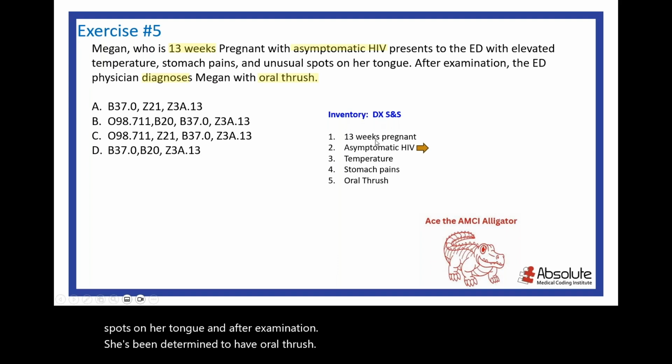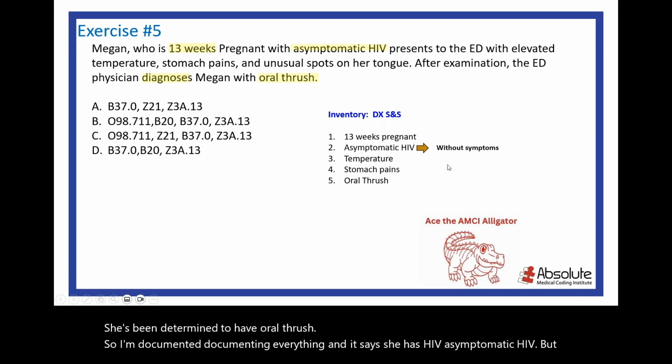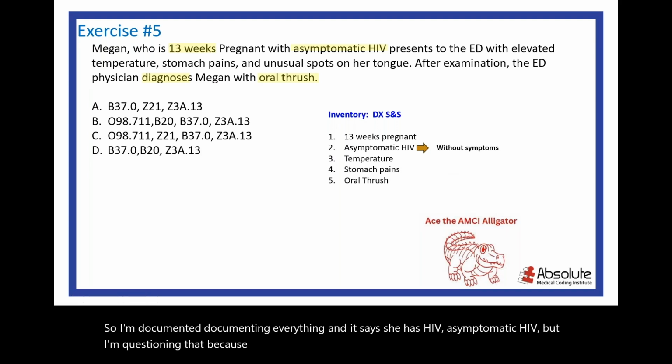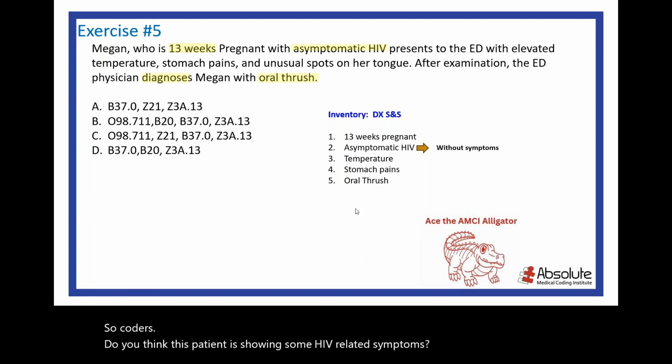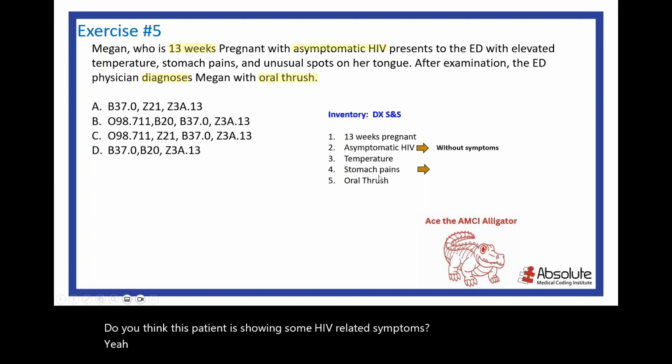So I'm documenting everything, and it says she has asymptomatic HIV, but I'm questioning that because asymptomatic means without symptoms. So coders, do you think this patient is showing some HIV-related symptoms? Yeah, she is. And we're going to show you how we know.